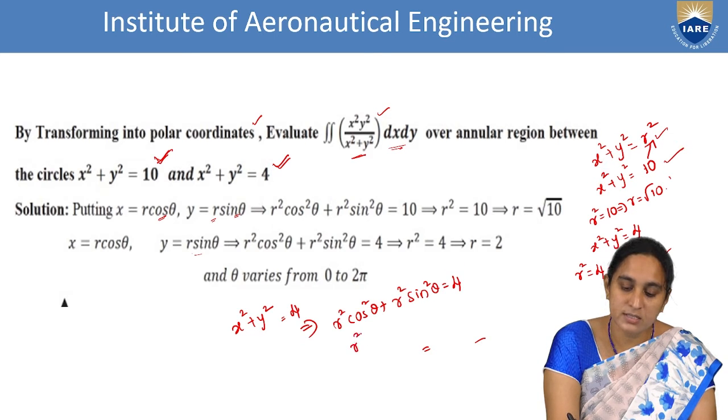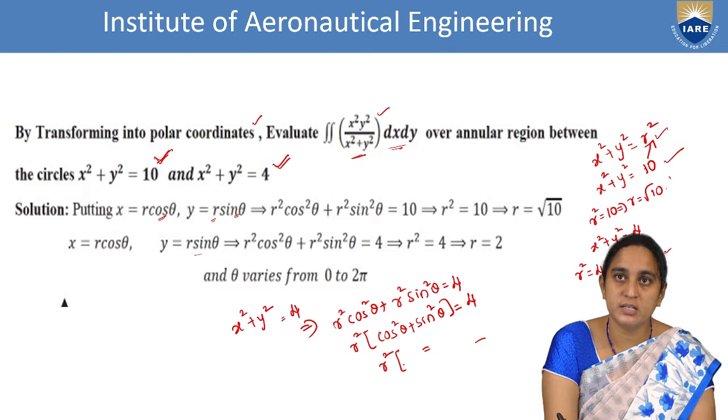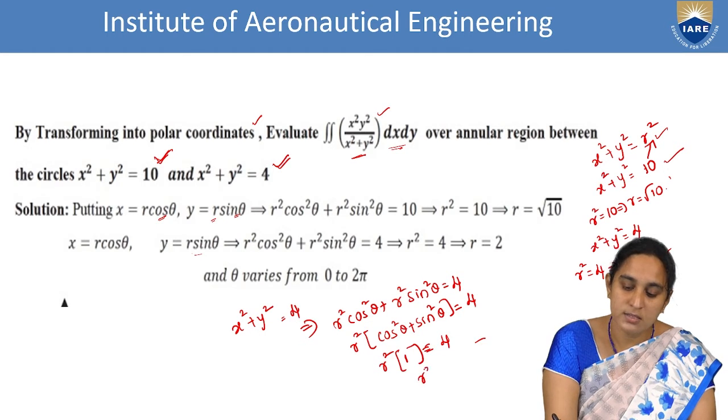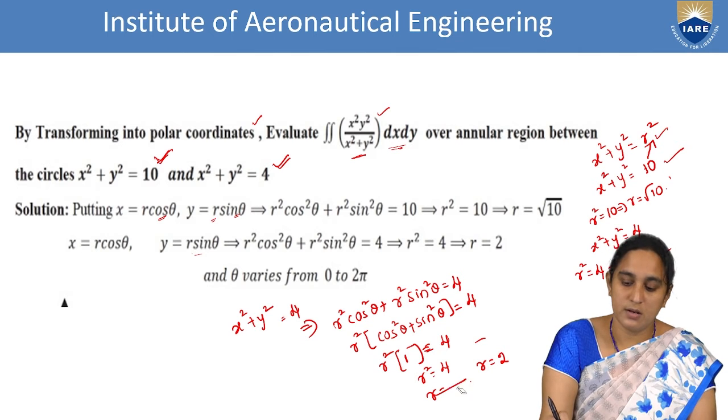And from that, r square is common here, r square into cos square theta plus sin square theta is equal to 4. cos square theta plus sin square theta is 1, that is equal to 4. r square is equal to 4. From that, r is equal to how much? 2. r is equal to 2.